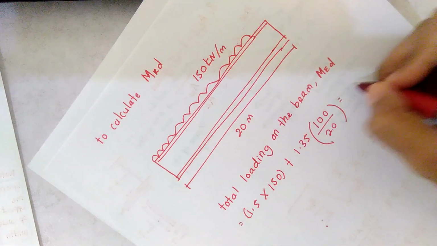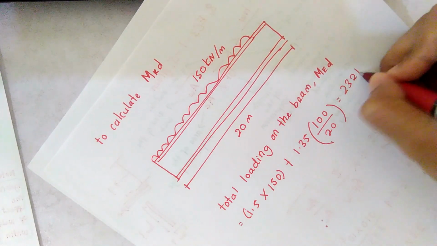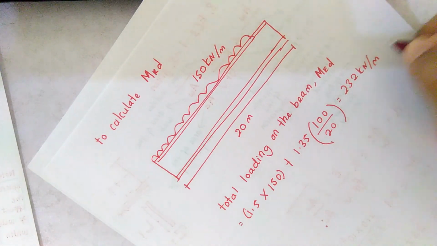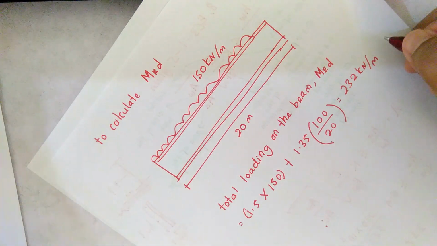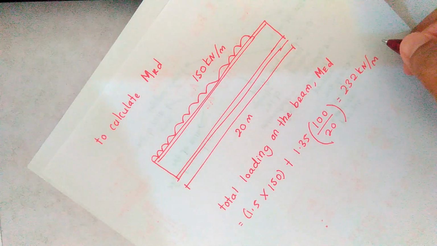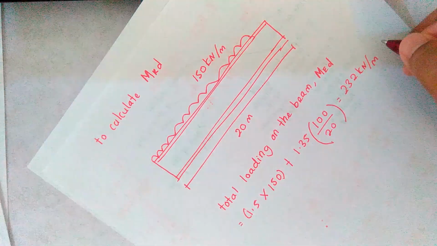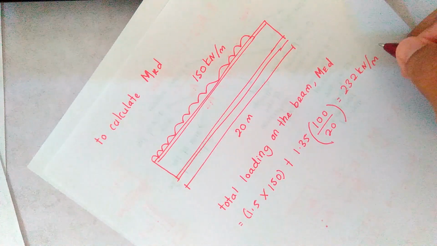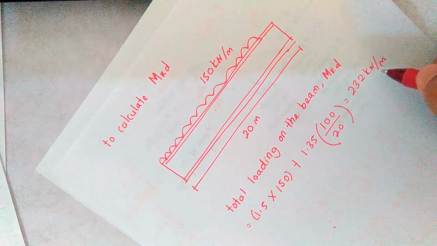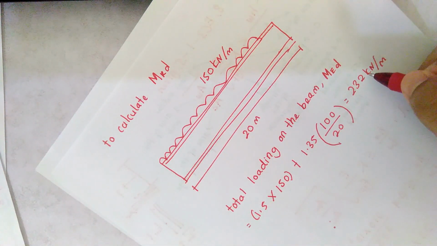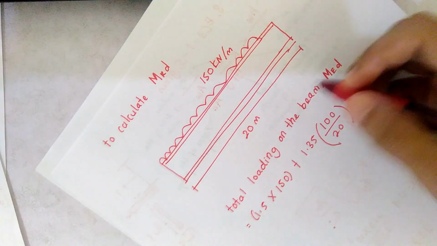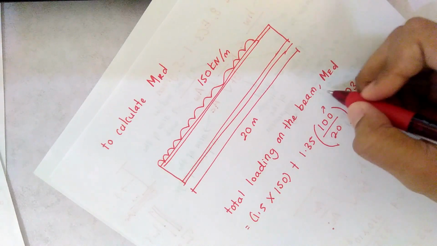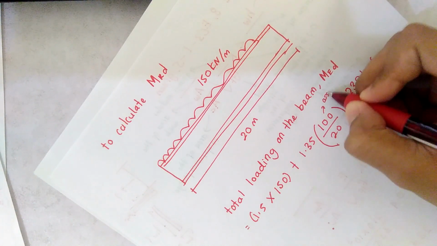Then you will get 232 kilonewton per meter. So when you get the total load, it is 232 kilonewton per meter. The 100 is the assumption of your self weight.